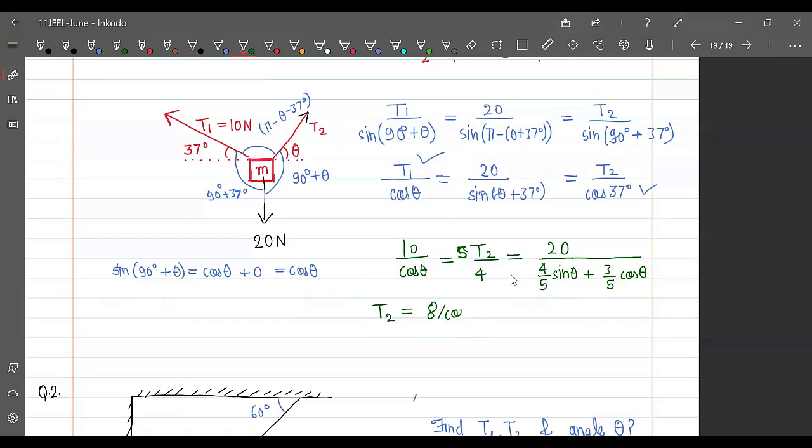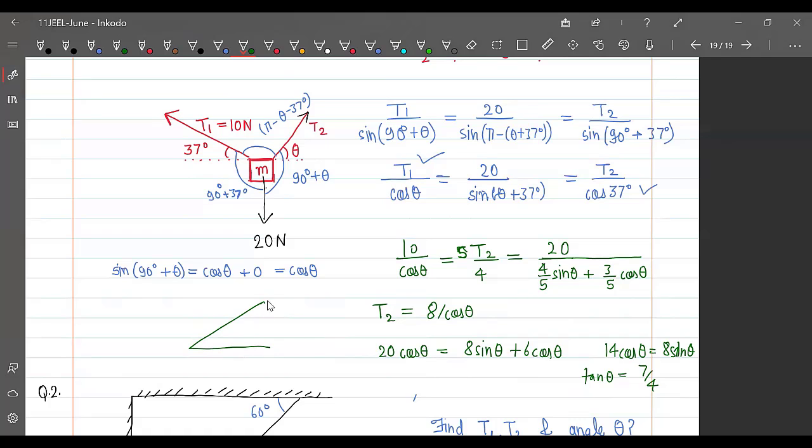And from second relation, that would be 20 cos theta equals to 8 sin theta plus 6 cos theta. तो यहाँ से आ जाएगा 14 cos theta is equal to 8 sin theta. Tan theta आ जाएगा, tan theta will be 7 by 4.